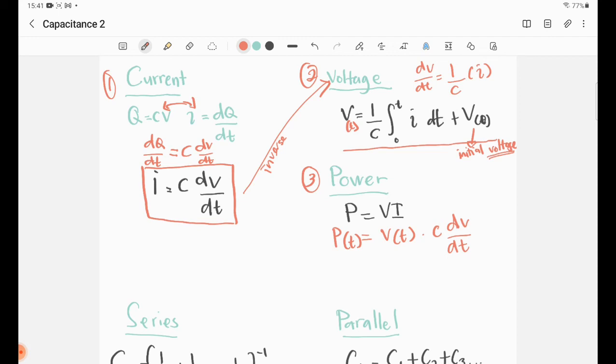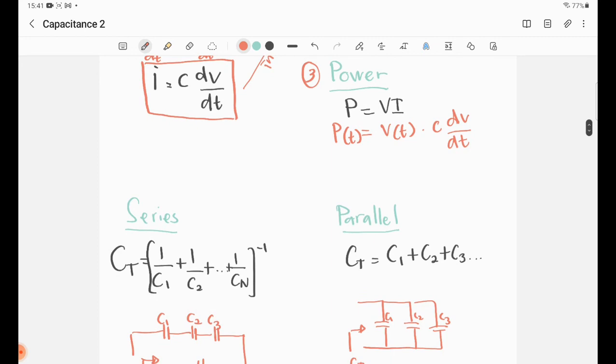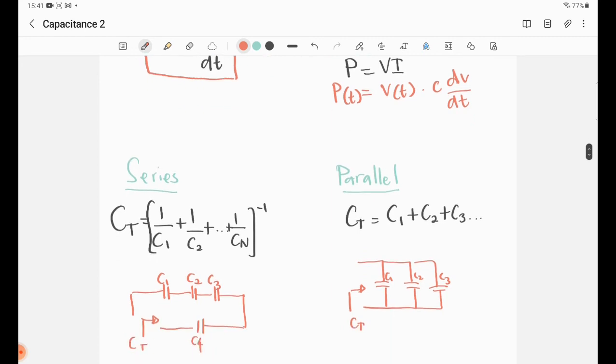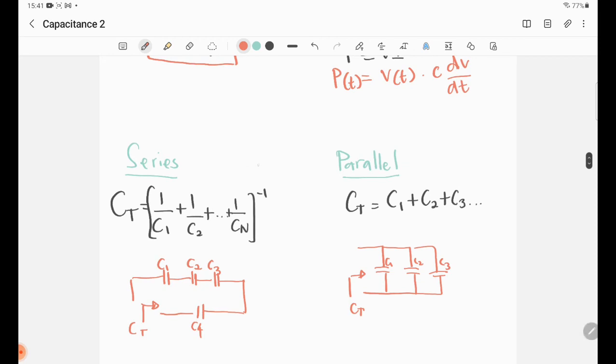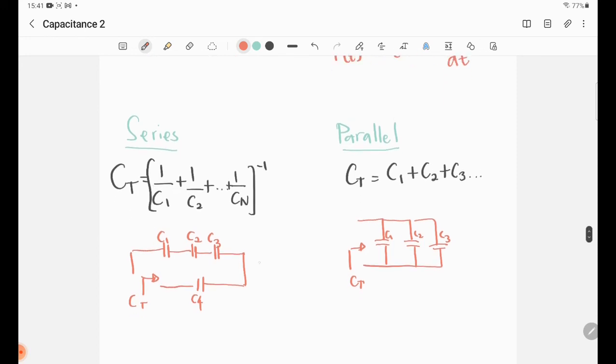Okay, the next is series and parallel of the capacitance. For series capacitance, the capacitance is inverse from the resistor, so you need to do 1 over. Let's say you have this circuit, the red one.